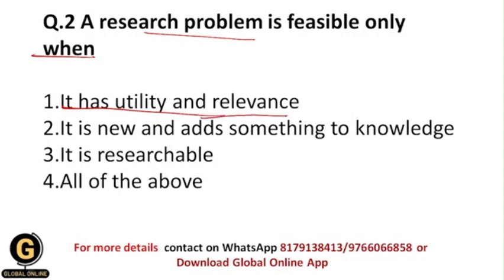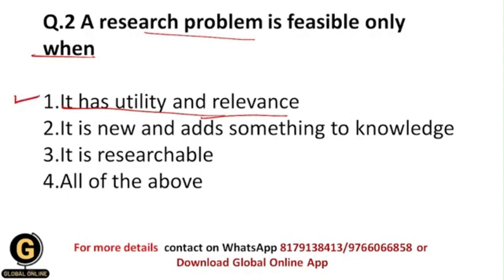It means that the research problem should have relevance to the problems within the society. Whatever problems there are within the society, these problems should be our research problem. So it means that the research problem has some kind of relationship with the society, or specifically problems in the society. So after that only we can say that the research problem is feasible. So this is the option when we can say that the research problem is feasible.